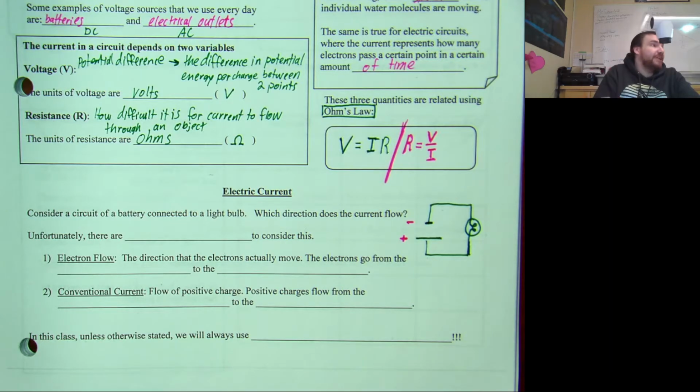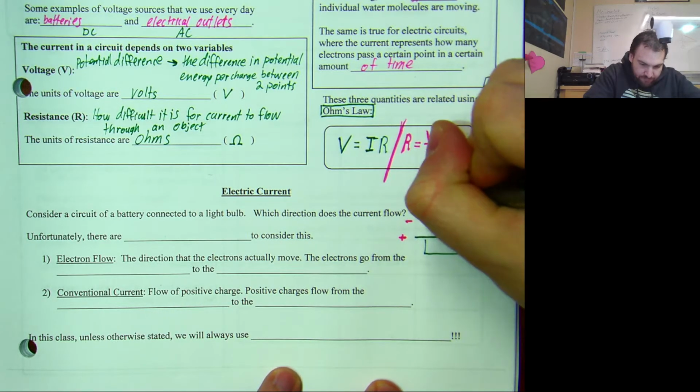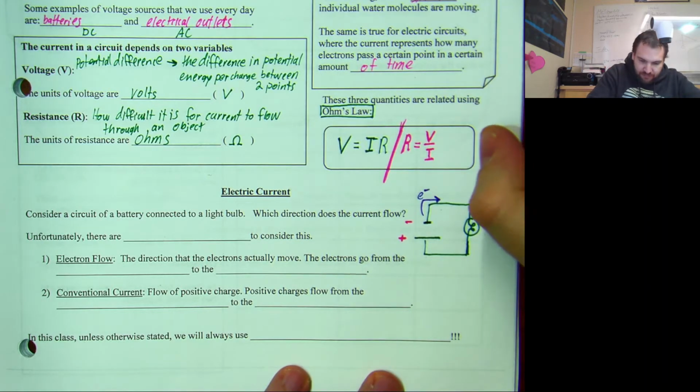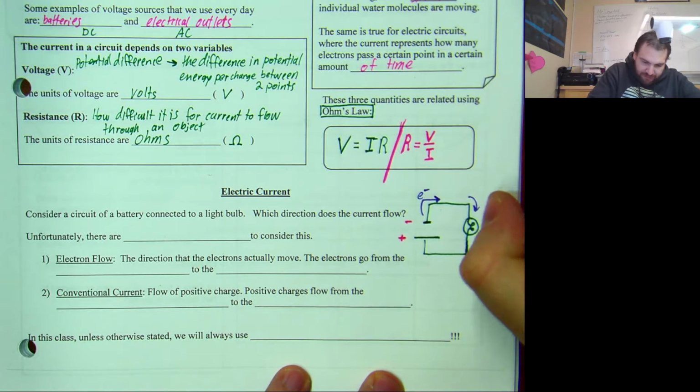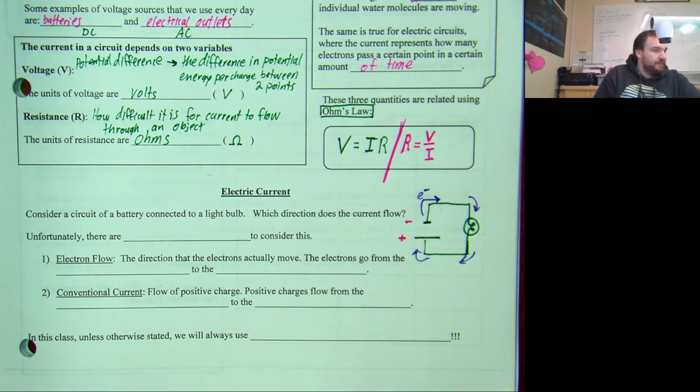So what's probably going to happen is, if you've got a large source of negative on the battery, that is probably where things are going to leave, because as you said before, like charges repel. You said that right at the beginning. So the electrons are going to repel each other, and as soon as they've got a place to go, they're going to start marching down this way. My electrons are going to flow through the lamp towards the positive. That is what would make sense.